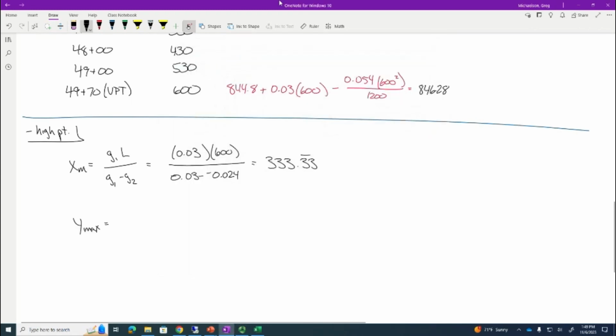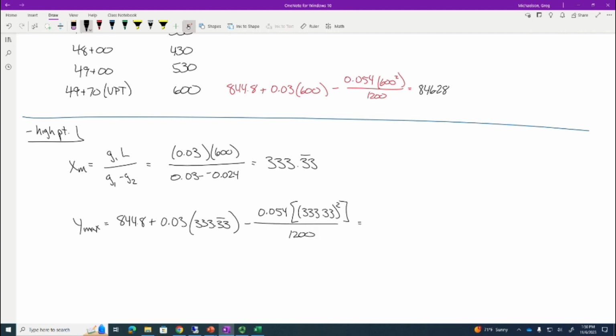So Y max is going to be 844.8 plus 0.03 times 333.33 minus 0.054. And what do we get for that?